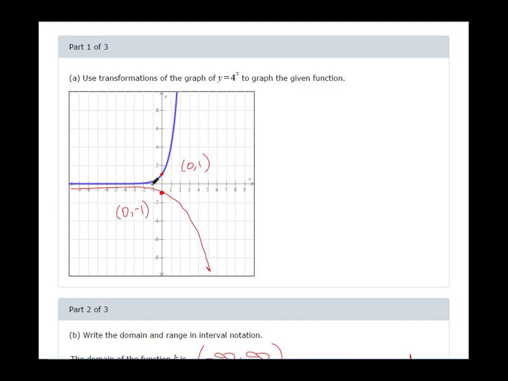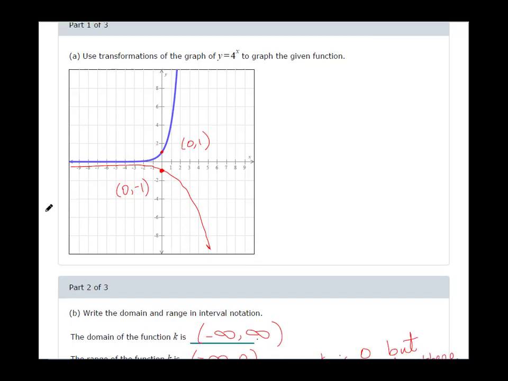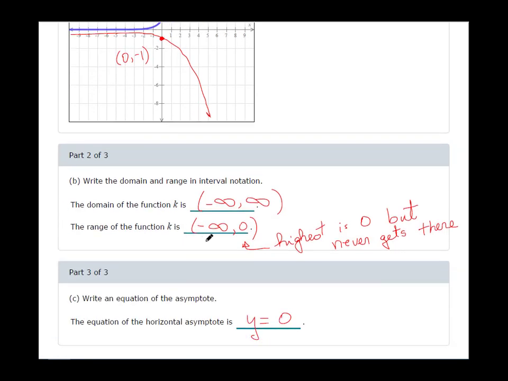Asymptote does not change. It's still y equals 0. Domain, still the same. What changes is the range. It goes down forever and goes as high but never touches 0. So minus infinity to 0.